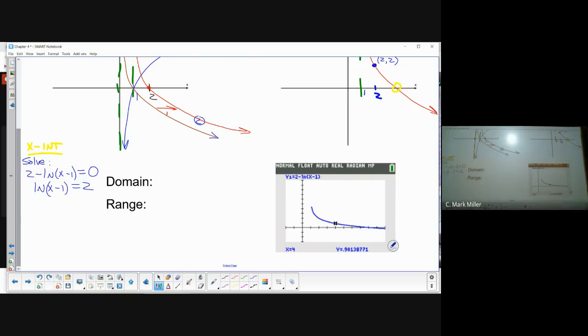This is something you need to pay attention to. We're going to take e. e is the base of natural log. So e here, e there. On the right, I got e to the 2. On this side, I got e to the natural log x minus 1.